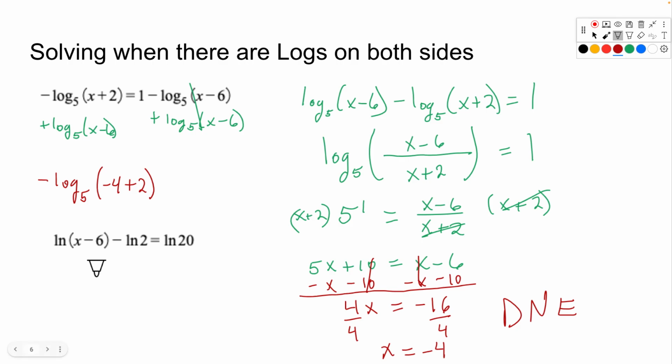What we can do is use the properties of logarithms. So when we're subtracting, when we combine this side into one logarithm, what do we get? X minus 6. Do I multiply or do I divide? Divide. Good.